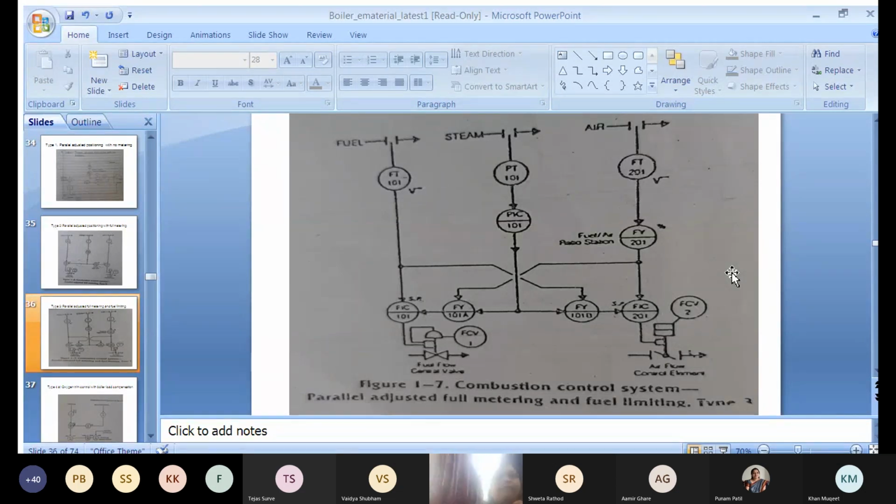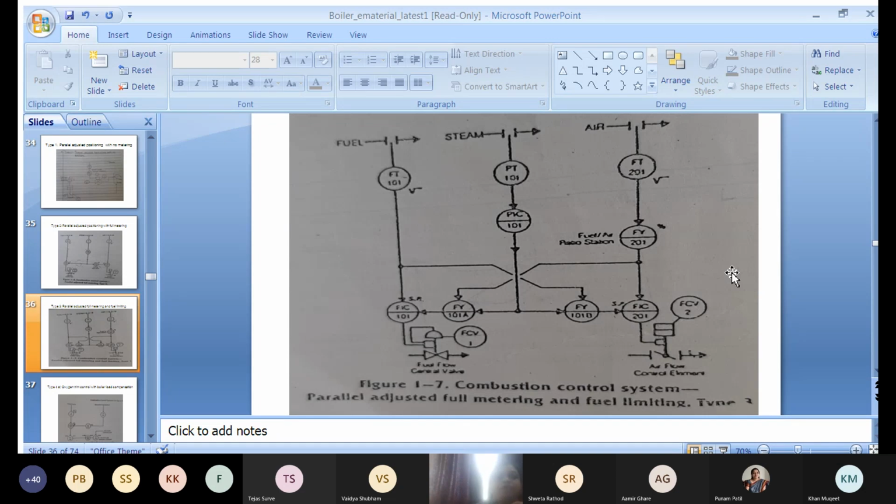But in these 2 control valves also, the control action on the fuel valve should precede the air control valve. If there is a decrease in the demand, a decrease in the supply, what do you want? You want to close down your fuel and air control valve. Even then, the fuel control valve should come into action faster, right?